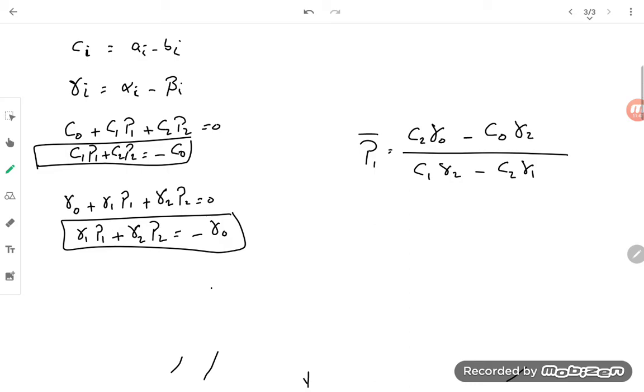And the same with respect to P2. It will be C node gamma 1 minus C1 gamma node divided by C1 gamma 2 minus C2 gamma 1.